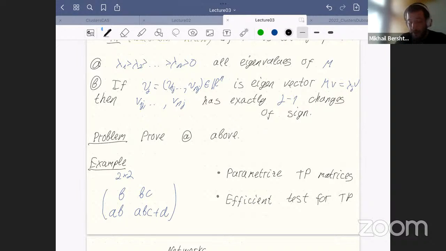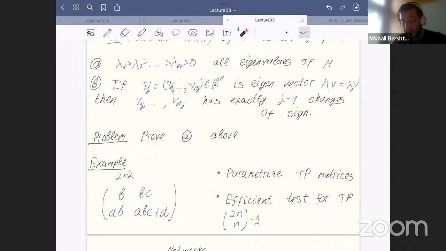What do I mean here? By definition, total positivity means that all minors are positive. And there are quite a lot of minors, like 2n choose n minus 1, because you have to first specify k, then pick k columns which you use, and better to pick n minus k rows which you don't use.